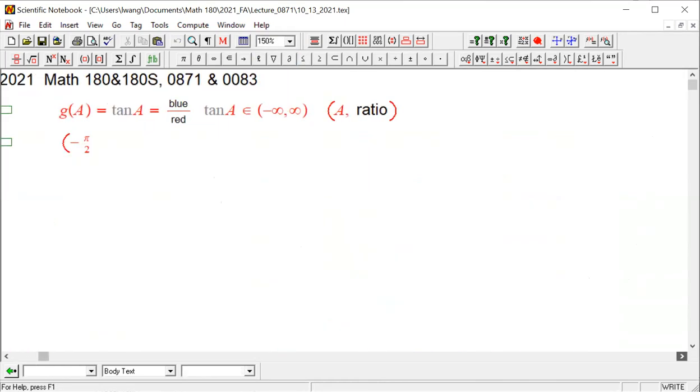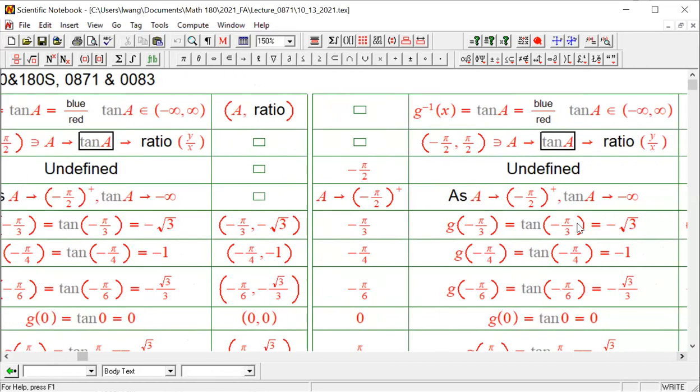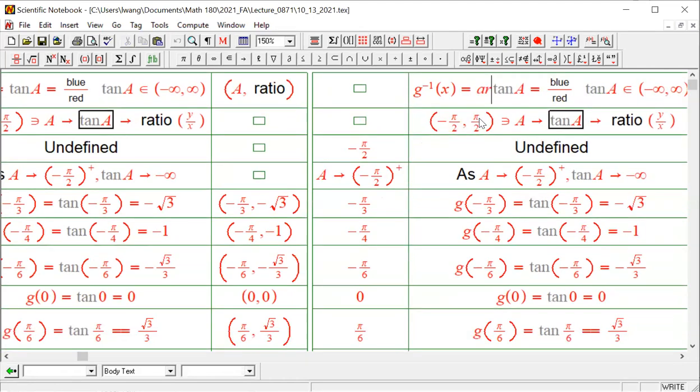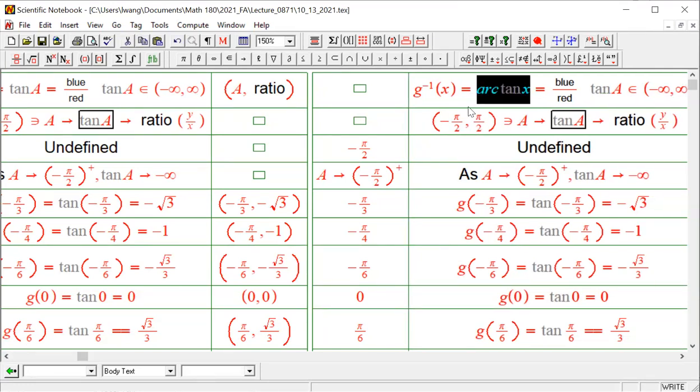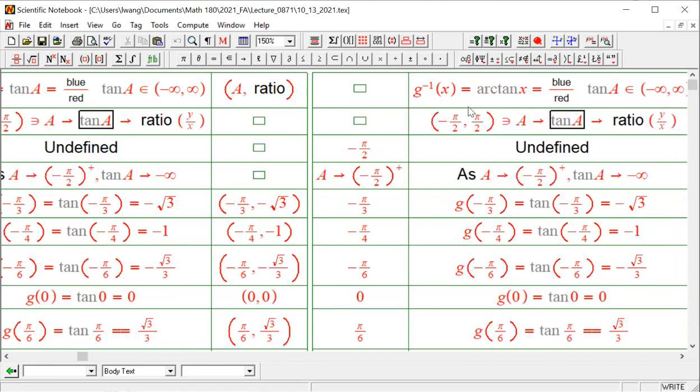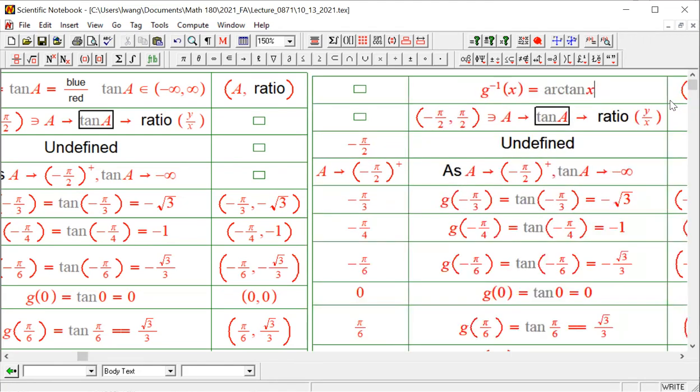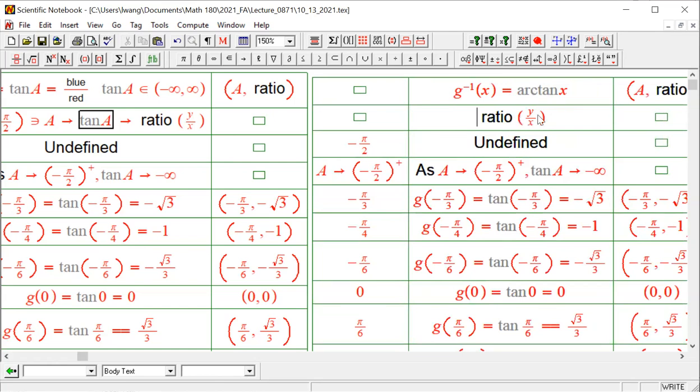The G inverse table is, remember the swap we did, right? So it's an arctan. This is X, right? Arctan. So it's no longer the same. But we know there's a swap, right? From ratio, this time is from ratio to what?